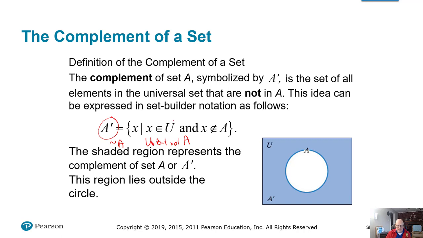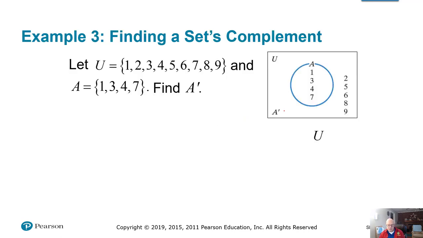So what you can do is start with the universe, write all those parts that are in the universe, and scratch out the parts that are in A and see what's left. That's all there is to it.